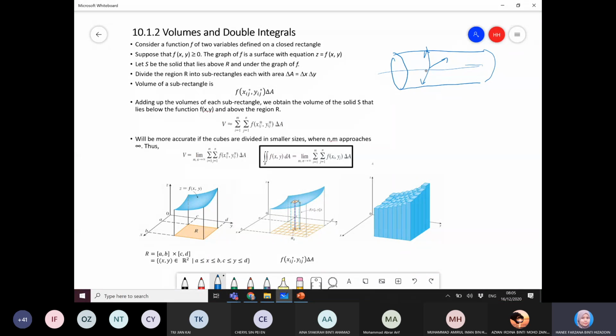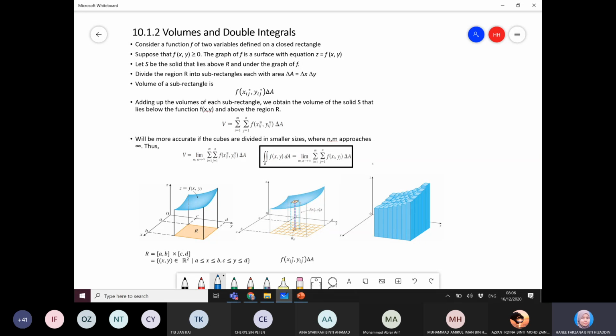The density at this point may not be the same as the density in the middle of the pipeline. So it's not a straightforward function of just one variable. That's why we need to do the double and triple integral.